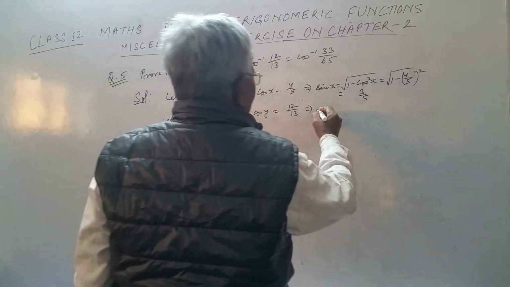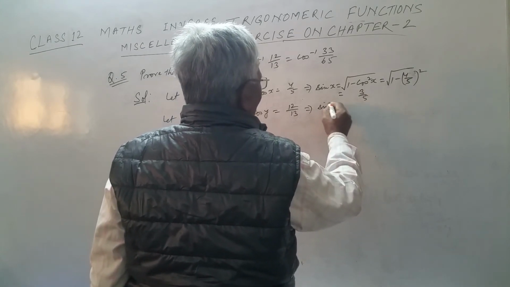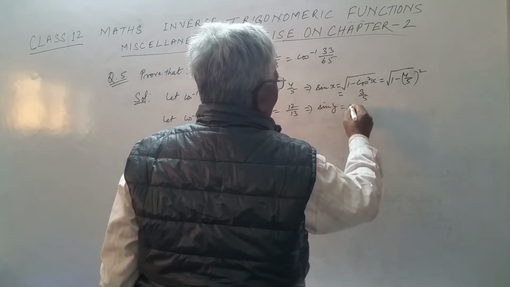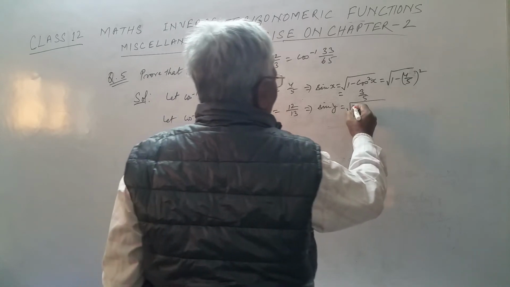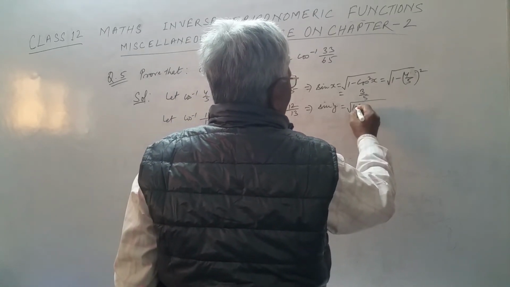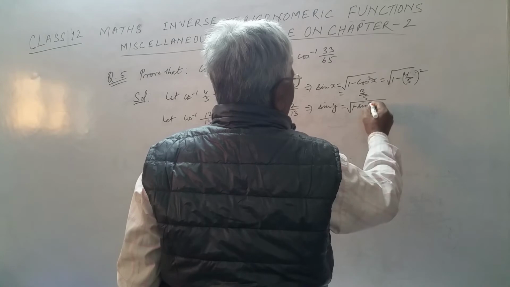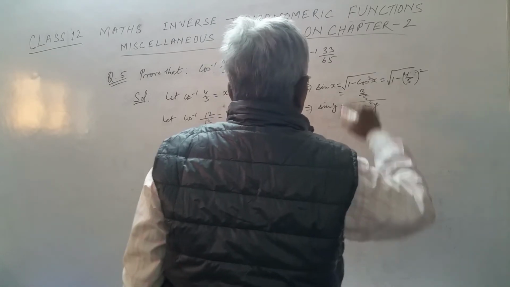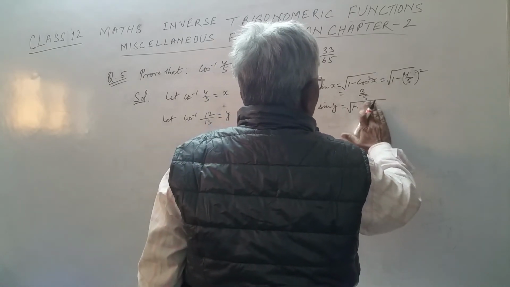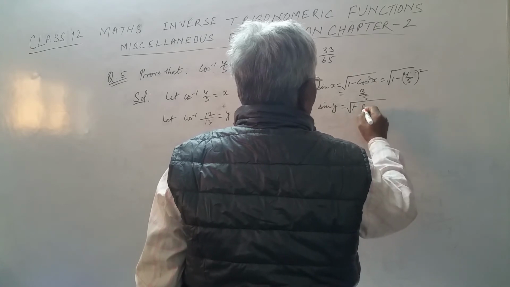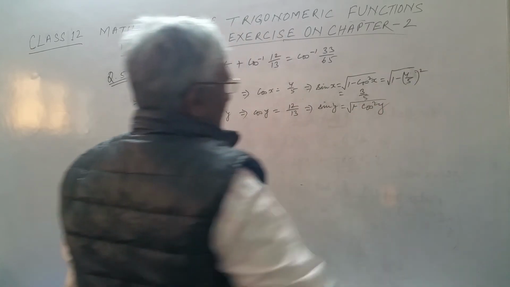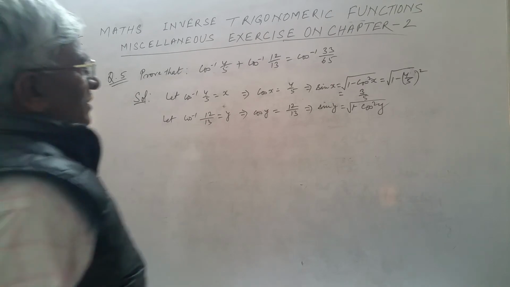Then again get sin y is equal to root of 1 minus cos square y. Sin you have to get, so cos square y.